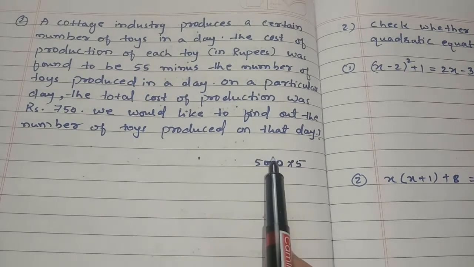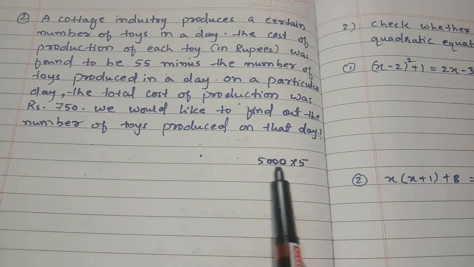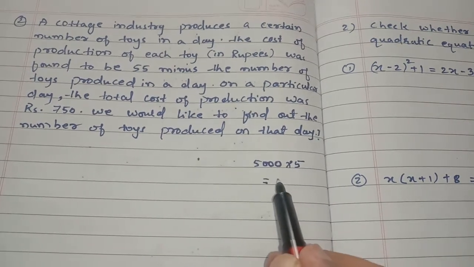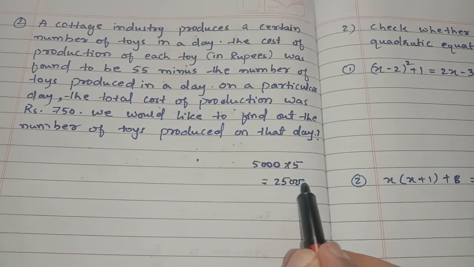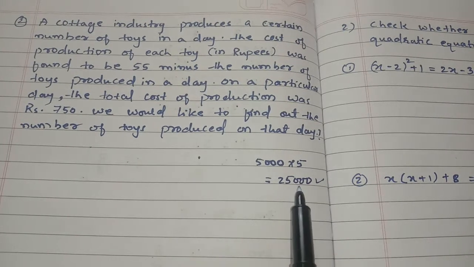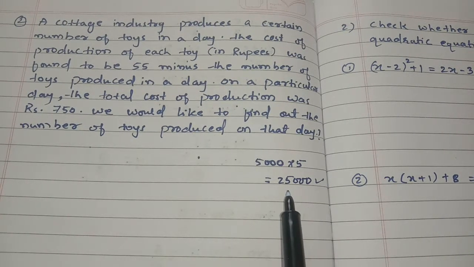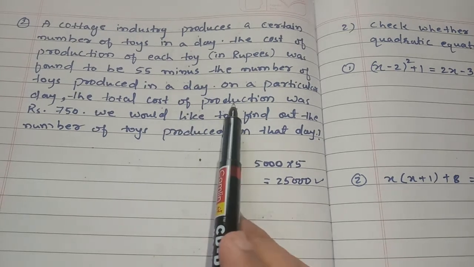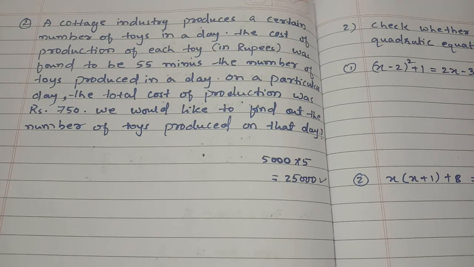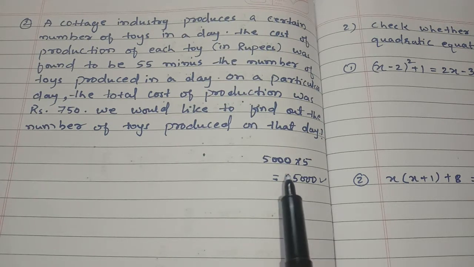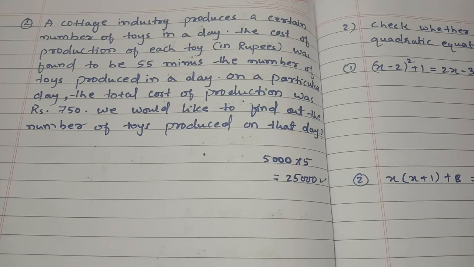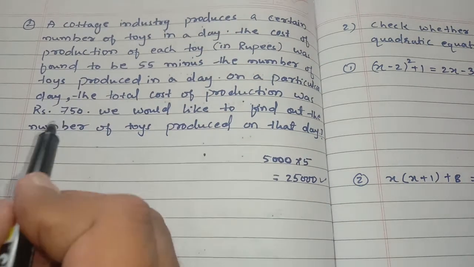If you multiply the number of toys by the cost of each toy, the value you get is the cost of production. This is not our question, it is just to explain how to get the cost of production. Now let's start the solution.